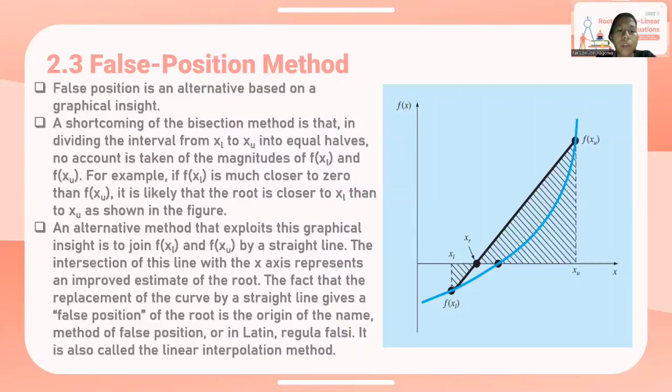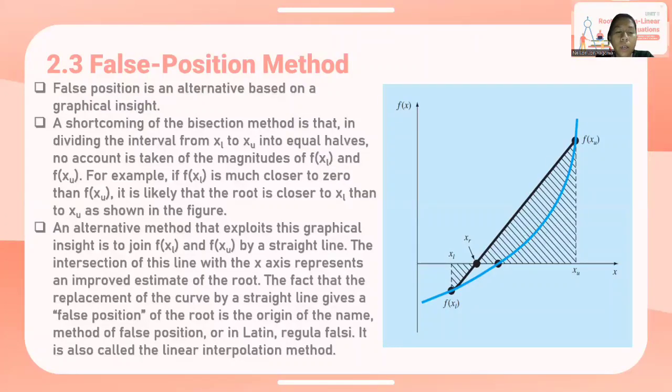For example, if f(xl) is much closer to 0 than f(xu), it is likely that the root is closer to xl than to xu, as shown in the figure.